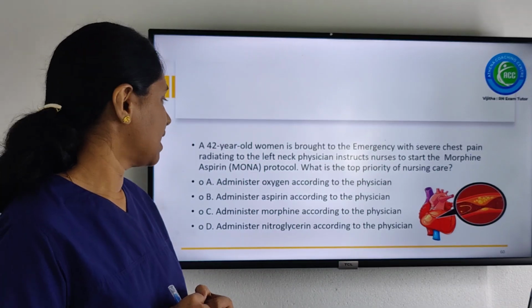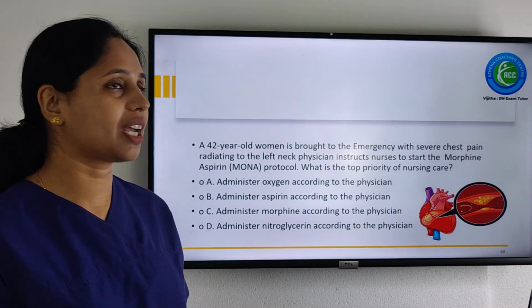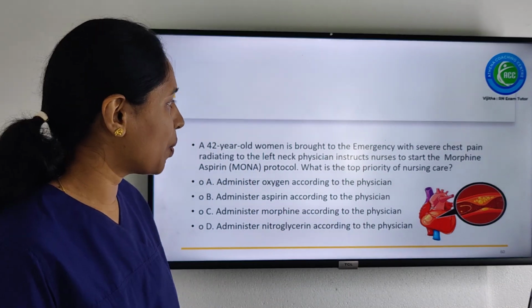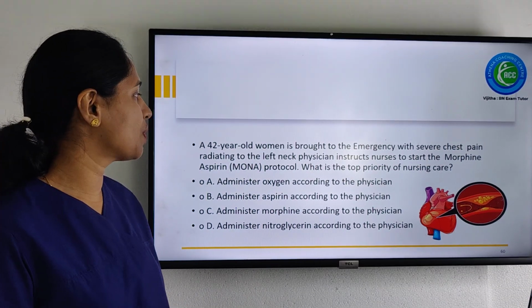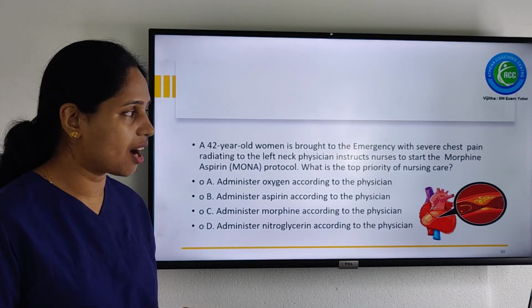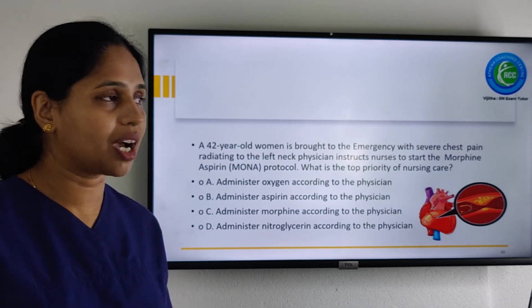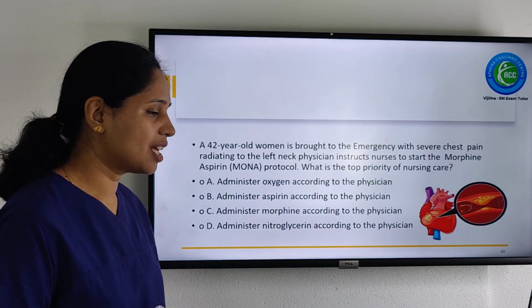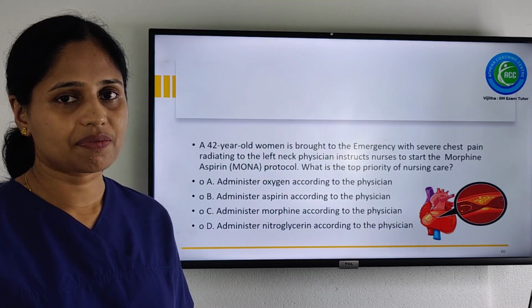The question is: a 42-year-old woman is brought to the emergency unit with severe chest pain which is radiating to the left neck. The physician instructs the nurse to start the morphine aspirin protocol, that is the MONA protocol. What is the top priority nursing care?